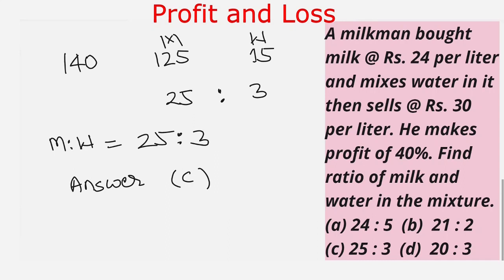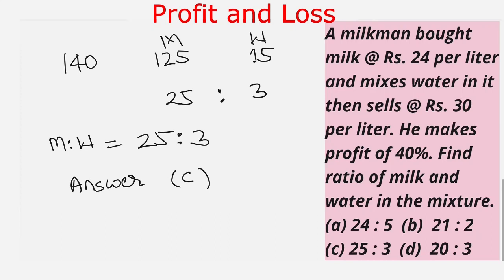So we write milk equal to 125. But he was making the money for 140 liters. 140 liters minus 125 liters is 15 liters. So the balance money is coming from the quantity of water.